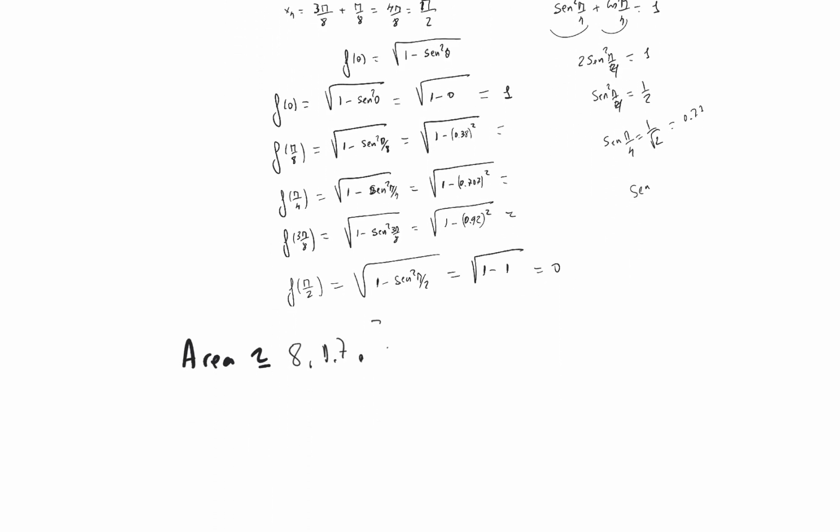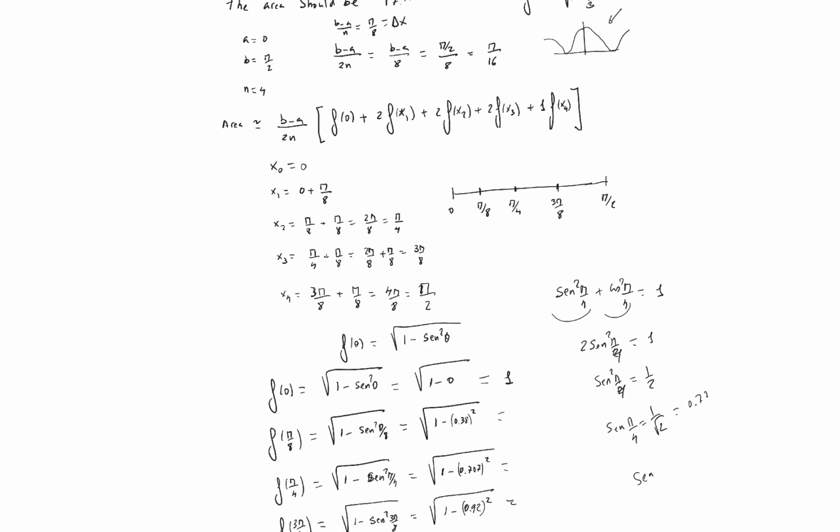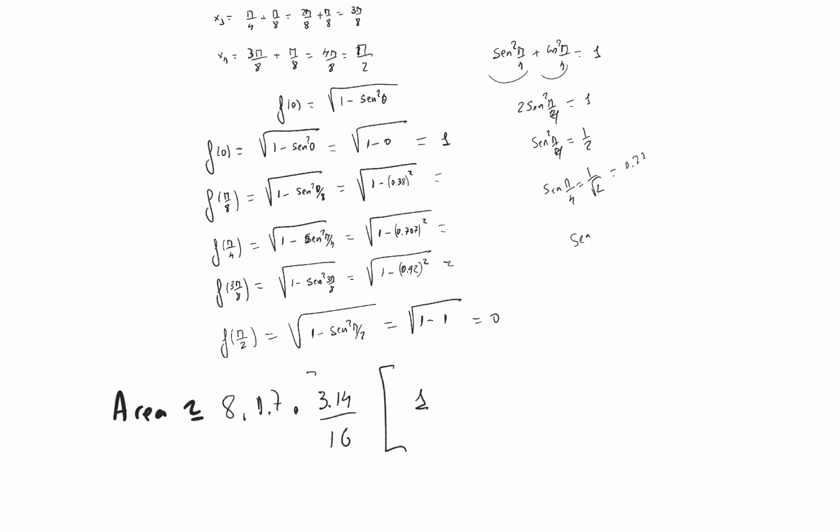So I have to multiply by 3.14 divided by 16. And now it comes f of x0, 1, plus 2 times f of x1. Well, you calculate this amount, plus 2 times, let's calculate this amount.